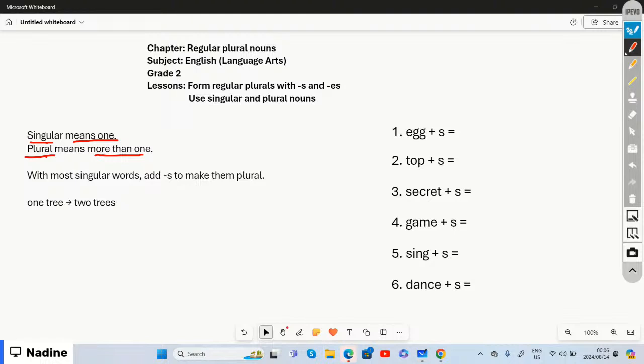And with most of our regular singular words, if we add an S to our singular words, then we basically make it plural.